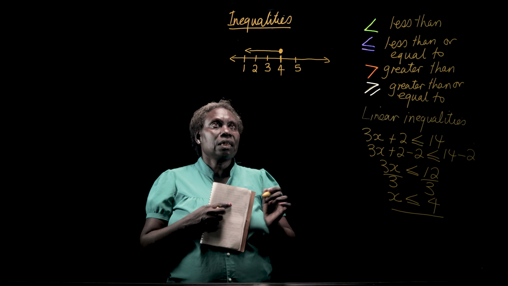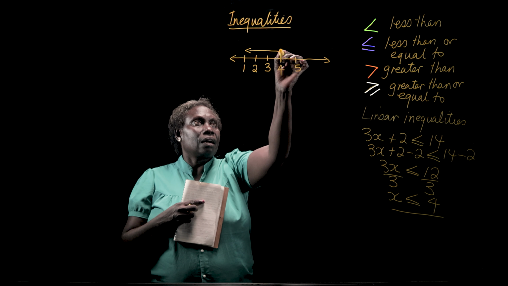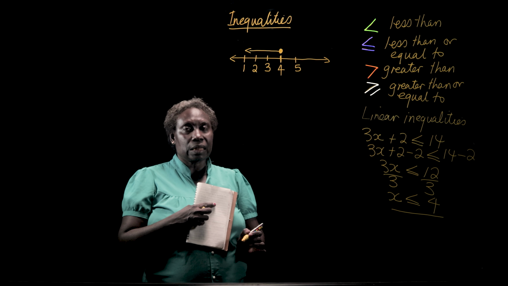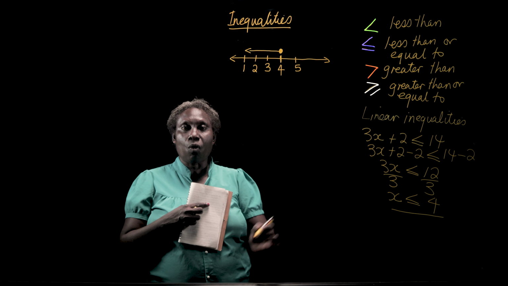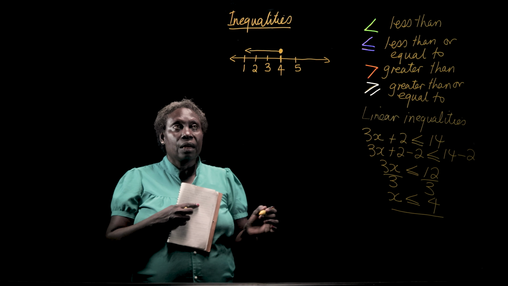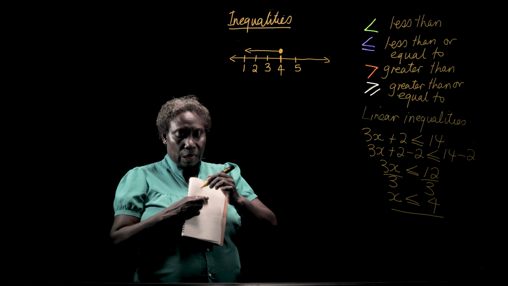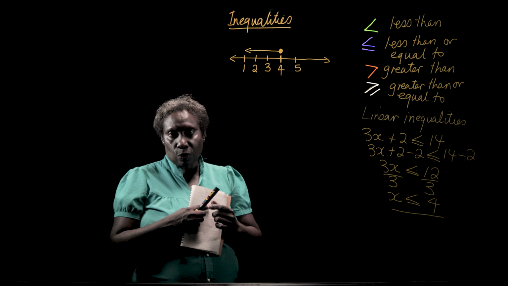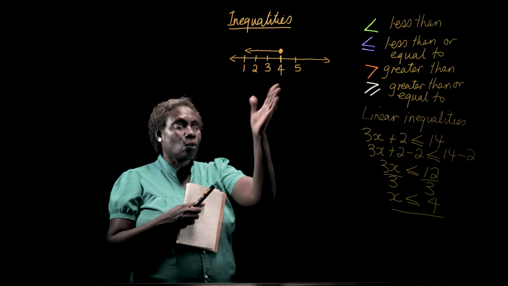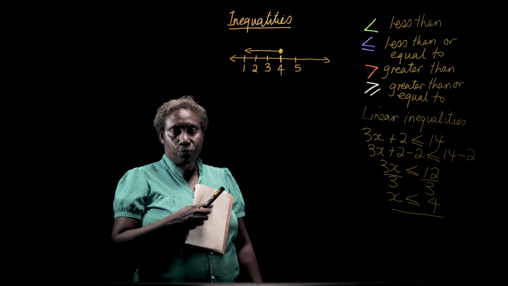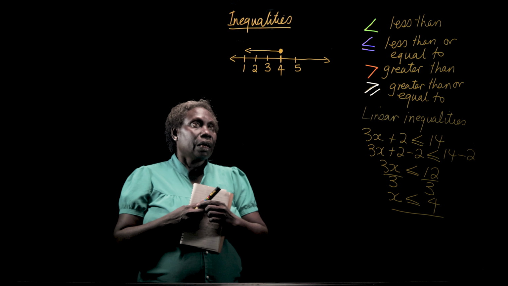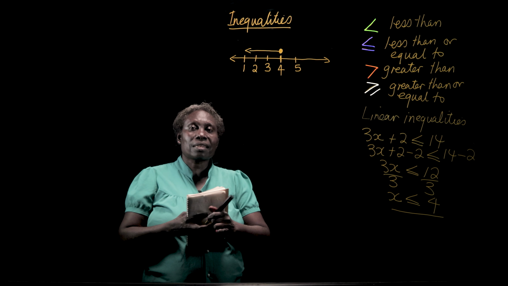This is the solution of x less than or equal to 4 represented on a number line. The shaded dot means that 4 is also included, and all the values to the left of 4. Now let's look at the next example.